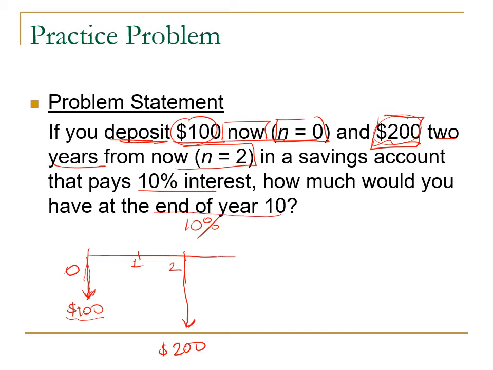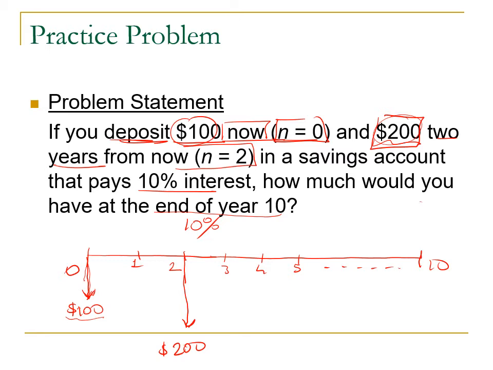Now it means that I need to extend this cash flow until year 10. So we will have year 3, 4, 5, all the way up to year 10. And the question says that after 10 years, if you want to withdraw this money from the bank account, how much will you get?